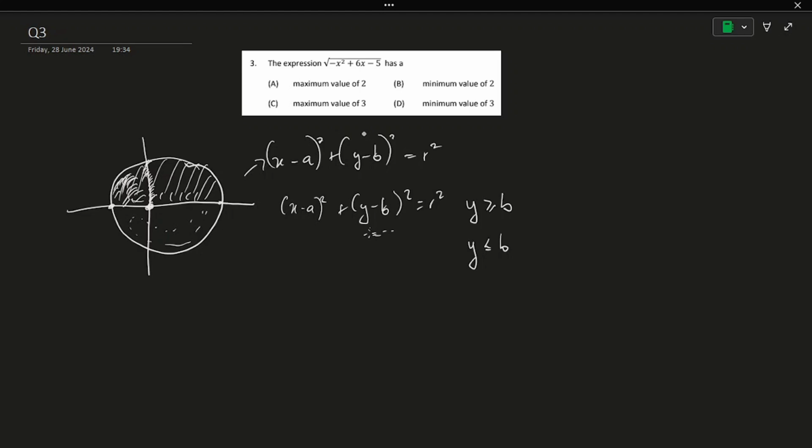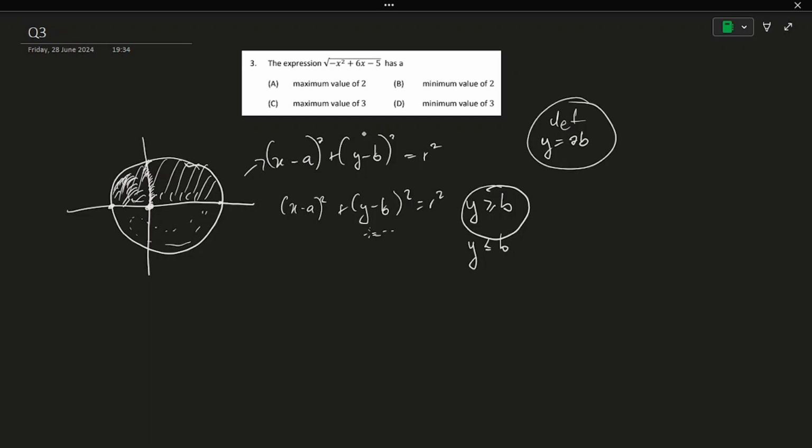Let's say for example, y was 2b. In other words, y is greater than b, but it follows this restriction. This is an example, by the way. I'm trying to make you understand that this is actually an equation of a semicircle. So let's let y be 2b.